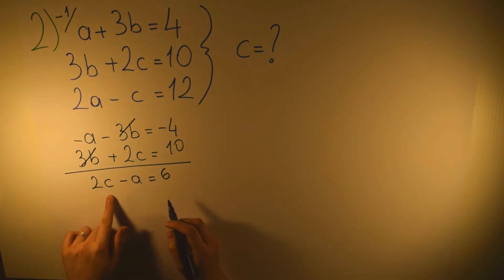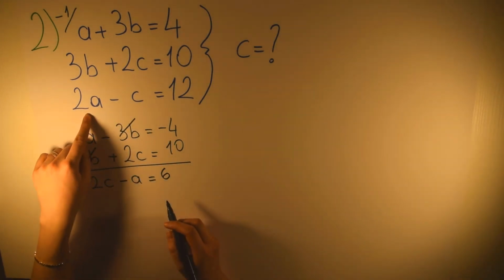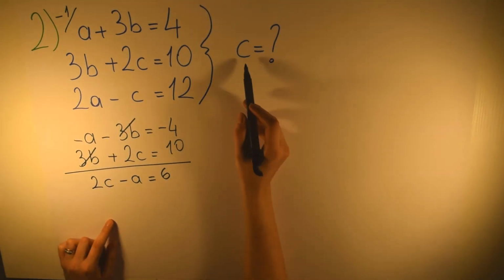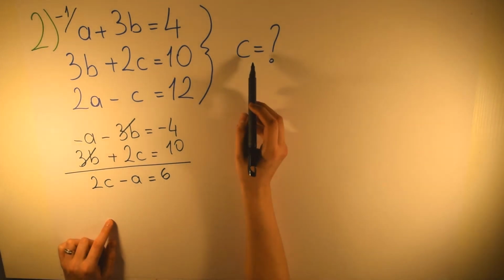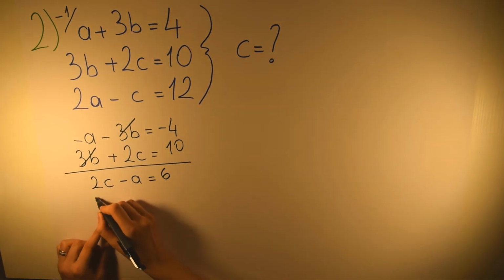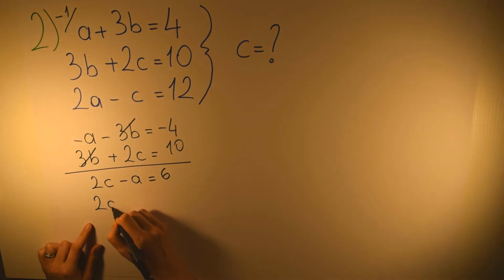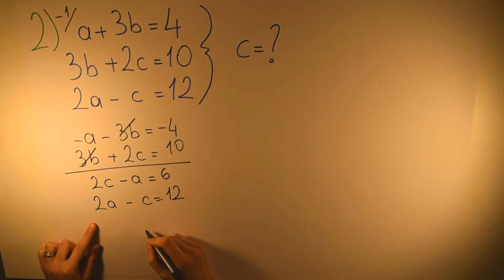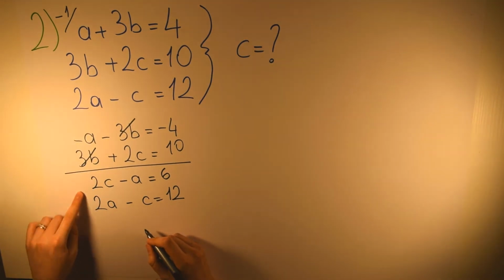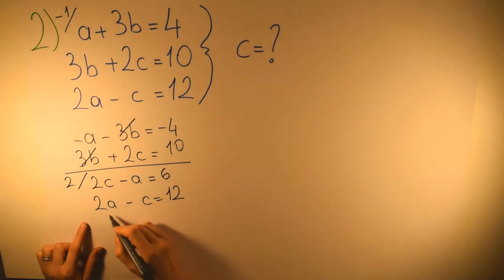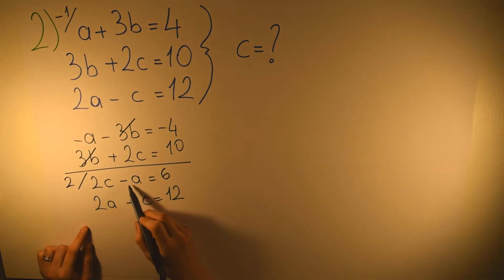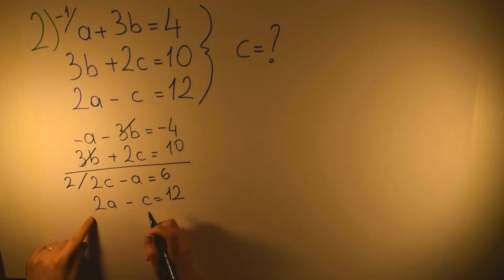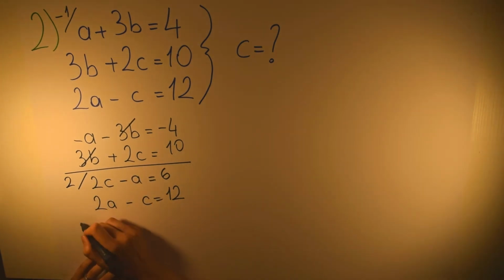So after this, let's look at this one. I have here 2a minus c, right? So I want to find the value of c, so I should get rid of a. To do that, I write down here 2a minus c is equal to 12. So if I multiply this one by 2, here it will be minus 2a, and I have here plus 2a, and they will cancel each other out. So let's do that.